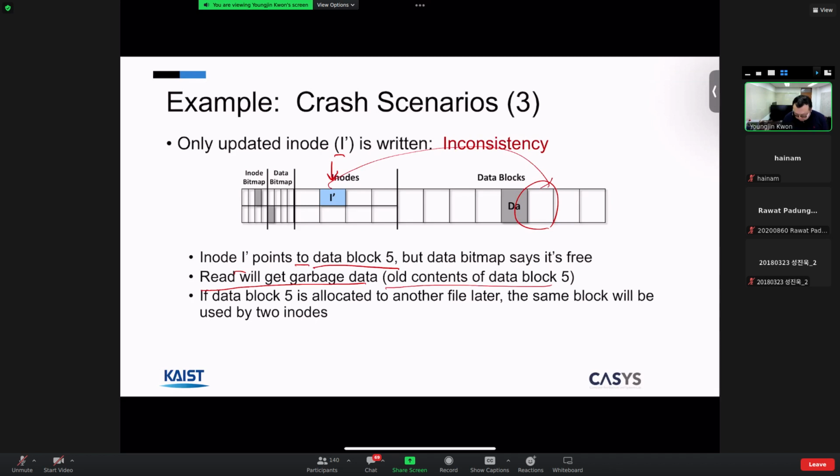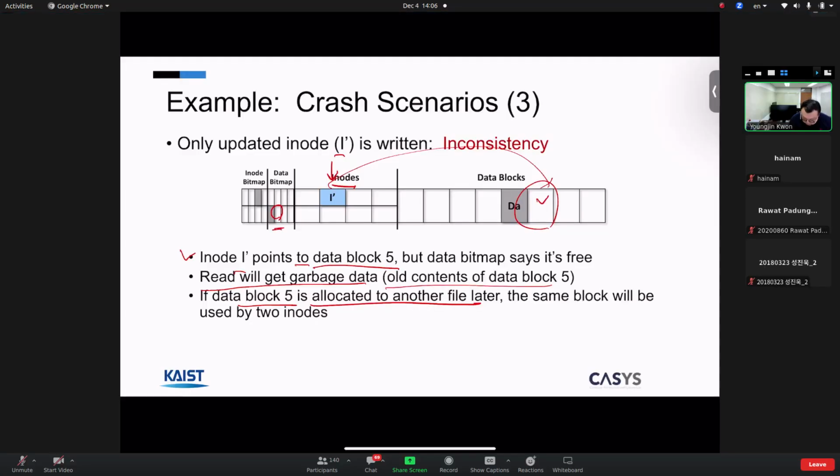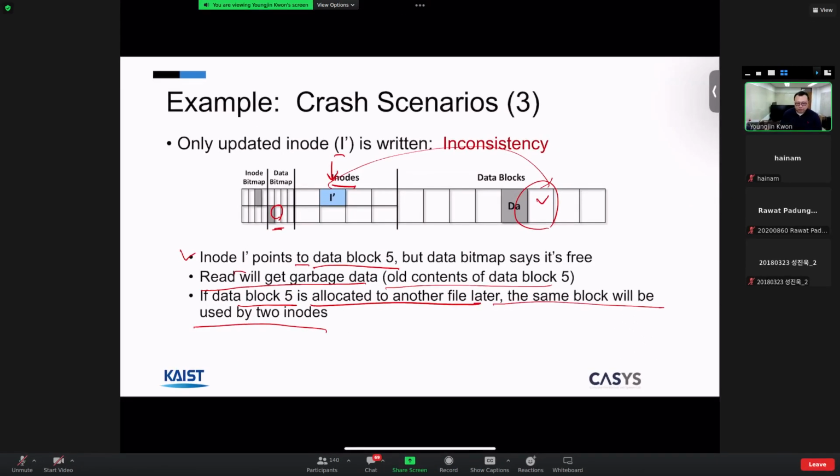Second, the data bitmap says the block is not allocated, but the inode says the data block is allocated. Later, if data block 5 is allocated to another file because the data bitmap says block 5 is not allocated, the same block will be mapped by two inodes. That's going to be inconsistent. So this is a clear inconsistent state.